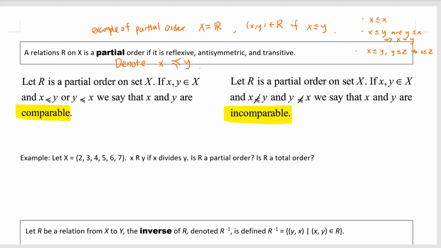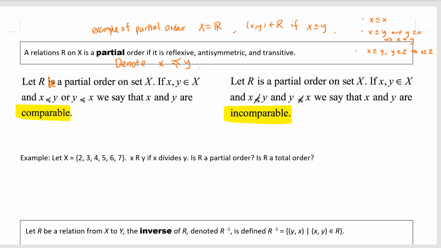All right, let's continue. Let R be a partial order on the set X. If x, y are in X, and we have either xRy or yRx, then we say x and y are comparable.